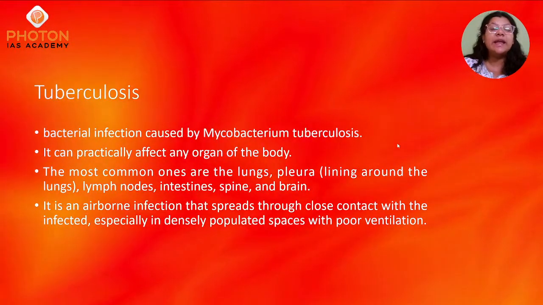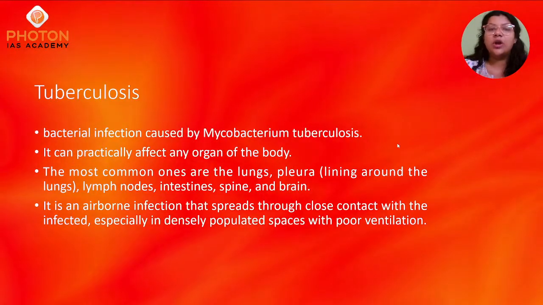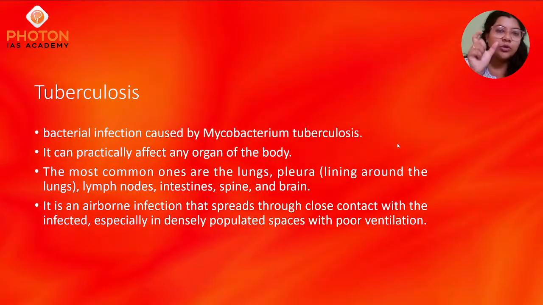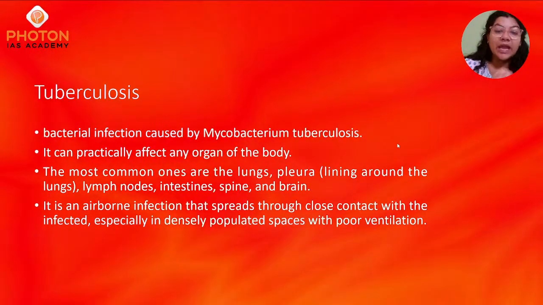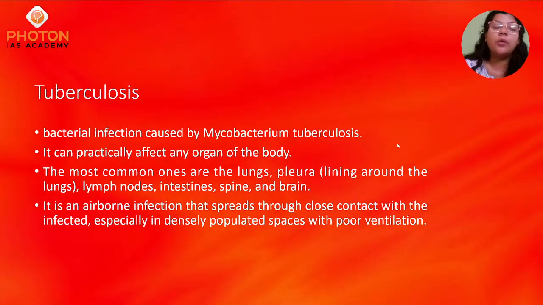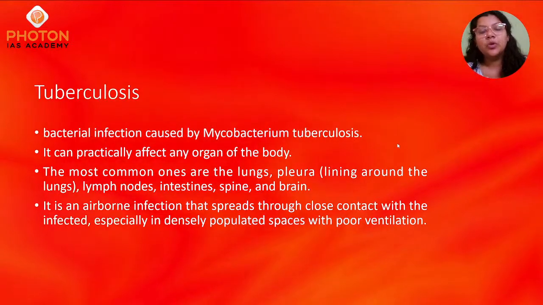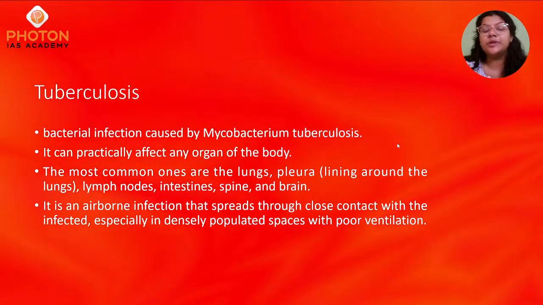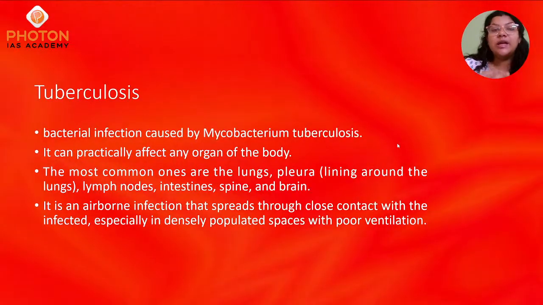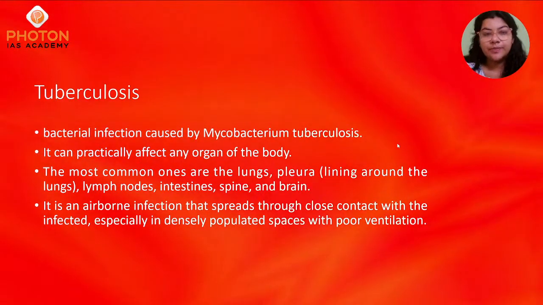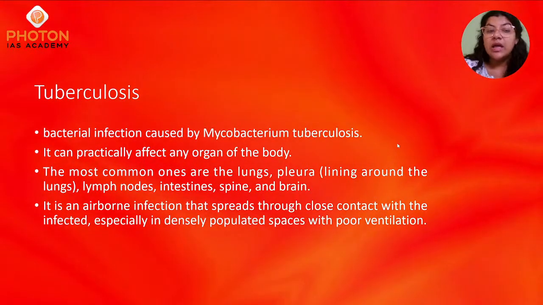It can practically affect any organ of the body. It's not said that tuberculosis would affect only a single part of the body. Most commonly it affects the lungs. People have respiratory problems because of this. Pleura is the outer lining of the lungs, and it can affect the pleura.